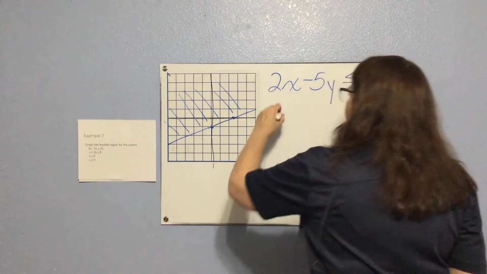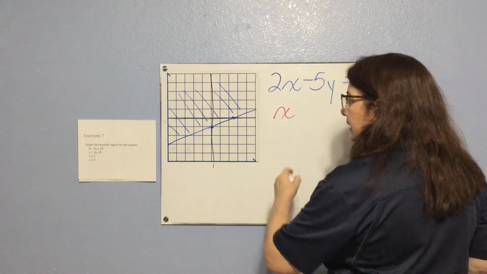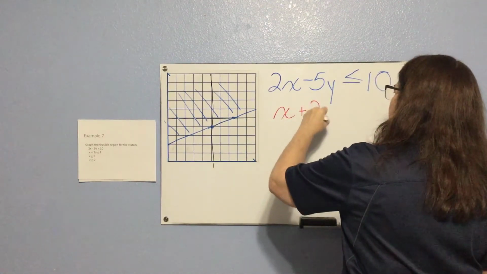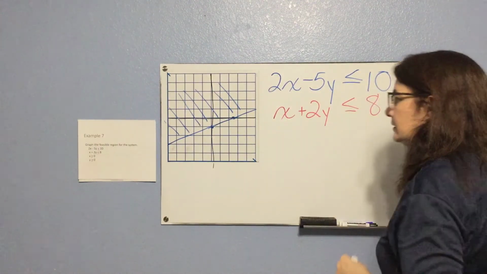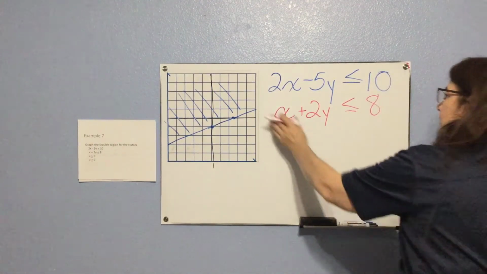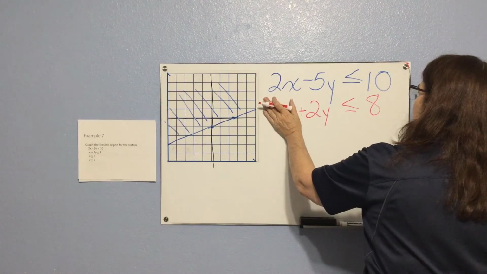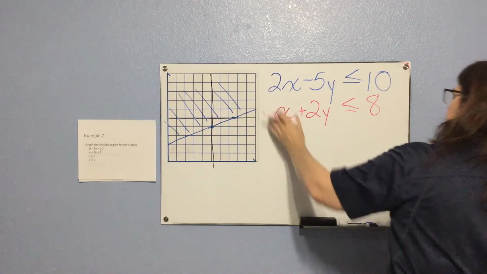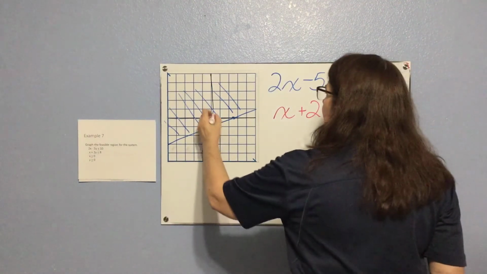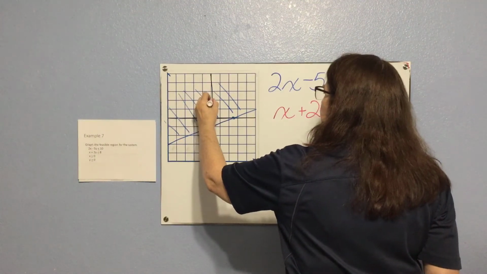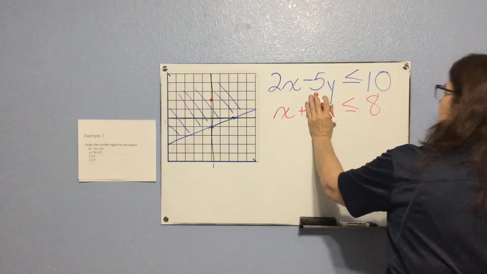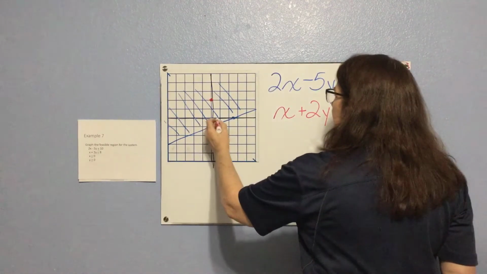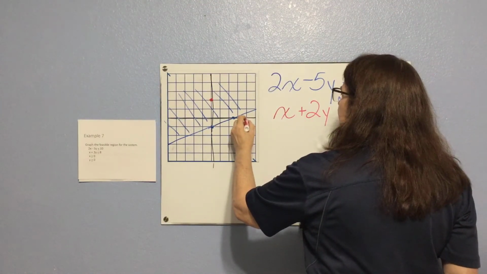Our next inequality is x plus 2y less than or equal to 8. Well, if I let x be 0, then y would be 4. So 2, 4. If I let y be 0, then x would be 8. 2, 4, 6, 8.